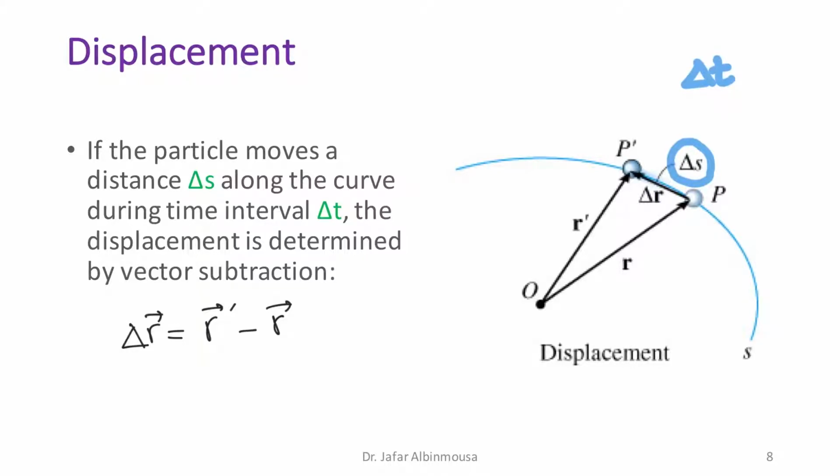These vectors are shown here. This is the position of the particle at location P, and then it moved to point P prime. As you see, the distance traveled is delta S, while the displacement, which is delta r, is shown over here. This is the displacement vector.